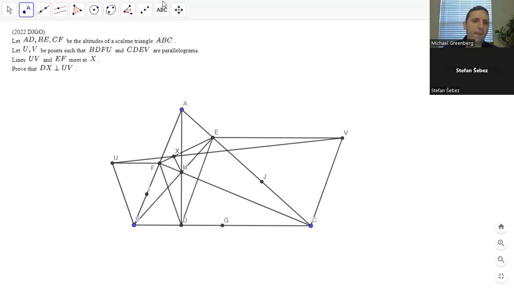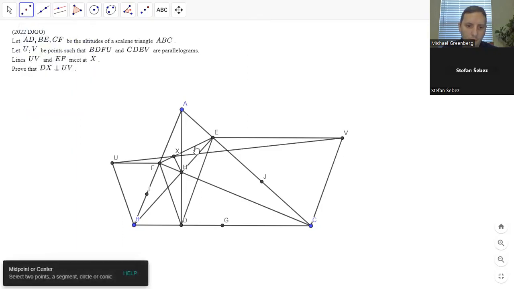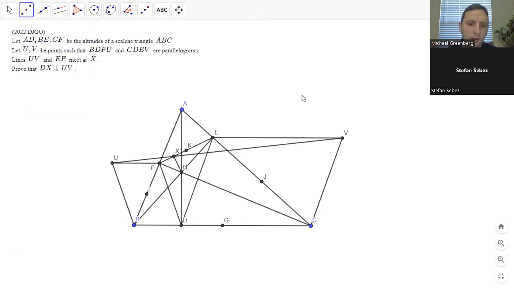So I guess another way to think about it is it's the same as saying HX is parallel to GK, where we draw the midpoint here. I'm not sure. How do you prove that?